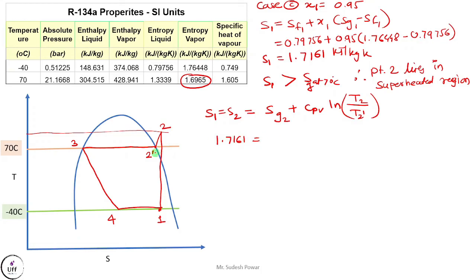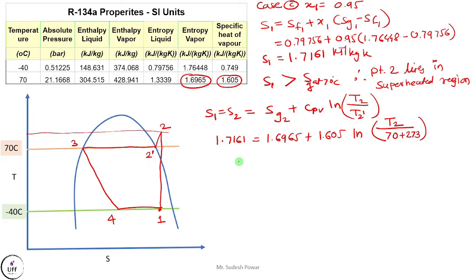Sg2, that is nothing but entropy at point number 2 dash, and that value is 1.6965. Cpv is given for this vapor, and this value is 1.605. Then ln, that means log to the base e. T2 we don't know, actually we want to find out T2, but T2 dash we have to consider in Kelvin, that is 70 plus 273.